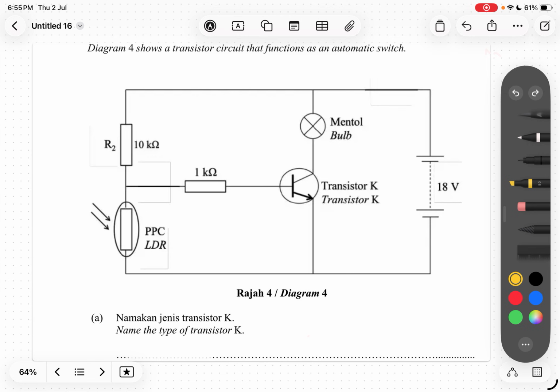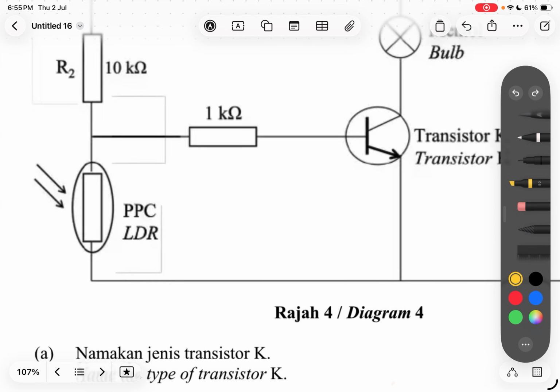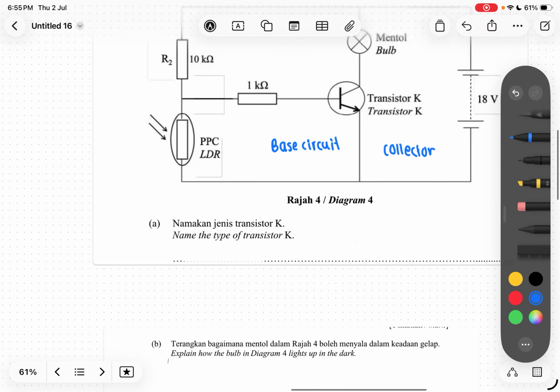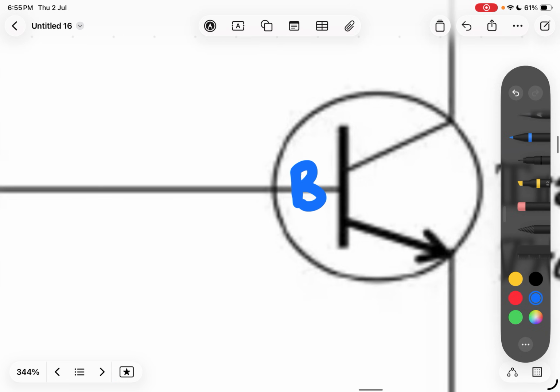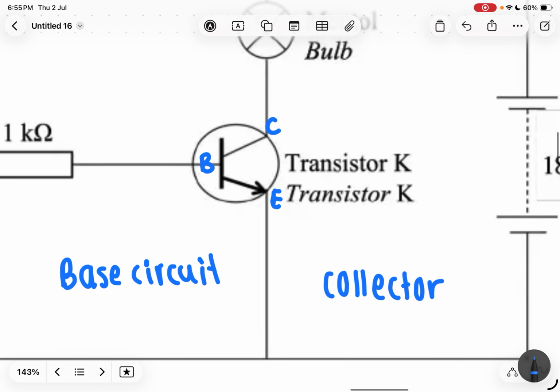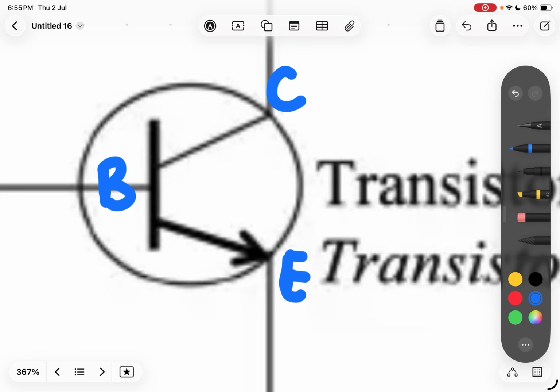Okay, so remember, a transistor can function as an automatic switch and a thermal thing. So here is an automatic switch. You have to know that this is the base circuit. This is the collector circuit. This is the base, this is the emitter, and this is the collector.